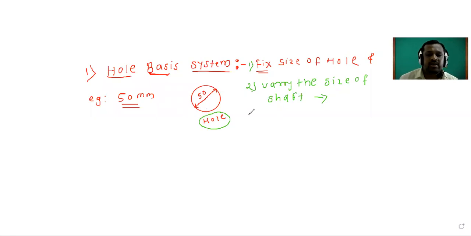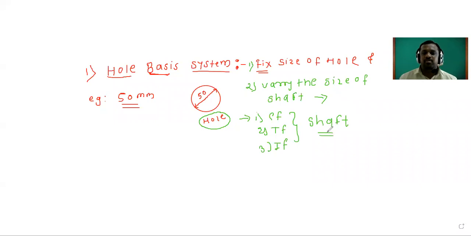First of all we produce one hole at the standard size, and to achieve the clearance fit, transition fit and interference fit, we vary the size of shaft only. This system is called the hole basis system.